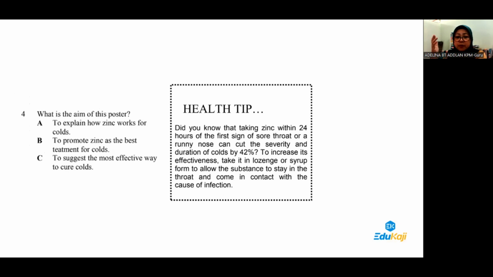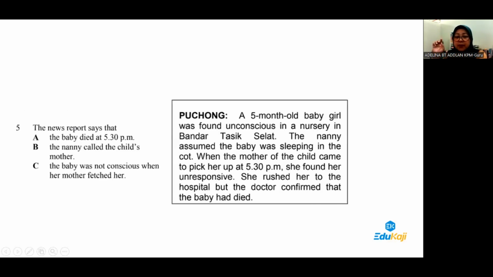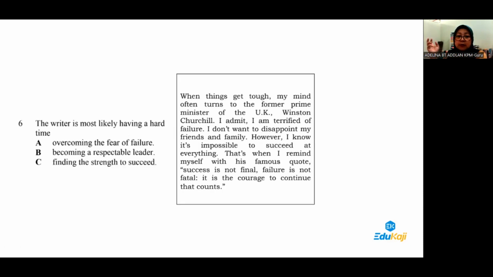Now, what is the aim of the poster? The aim can usually be seen at the earlier part of the text. Then they give you again a newspaper excerpt. I think in the Sarawak paper 1, you can find around 2 excerpts being used.